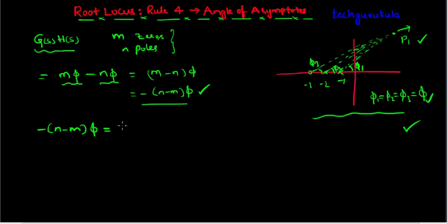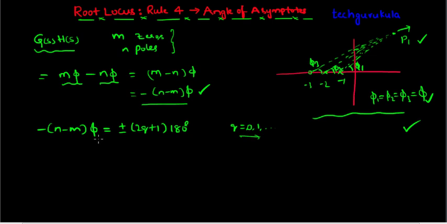And we know the angle condition, which is plus or minus (2q plus 1) times 180 degrees, and here q can take integer values including 0, 1, and so on. But here there is a limit to how many q values it can take.